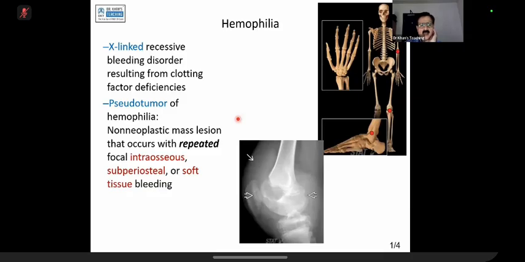This bleeding can be within the joint cavity, number one. Number two, it can be within the bone, and it can be in subperiosteal or in the adjacent soft tissue. And this makes different kinds of radiology. So this is the key point: intra-articular, intraosseous, or subperiosteal / soft tissue.